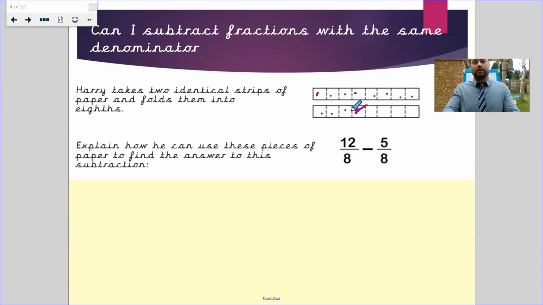So we've got 1, 2, 3, 4, 5. We're now left with 7 eighths. So our answer is 7 over 8.